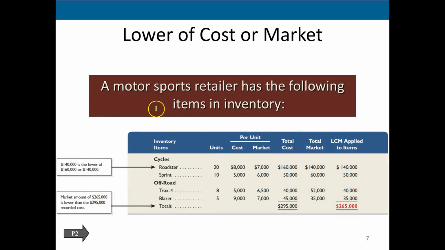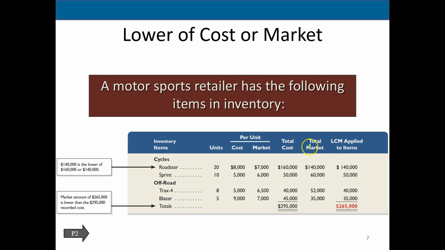So, for example, a motorsports retailer has the following items in inventory. If we take a look at this, the inventory items, we've got the cycle and the off-road, we have the number of units, we have the per unit cost and market, we have the total cost, we have the total market, and the lower applied to items.